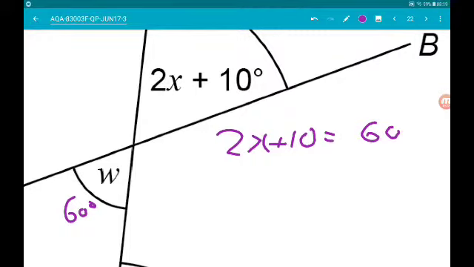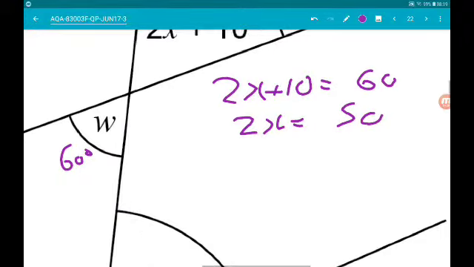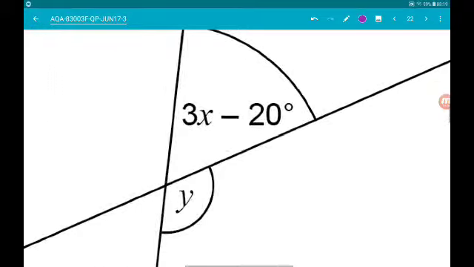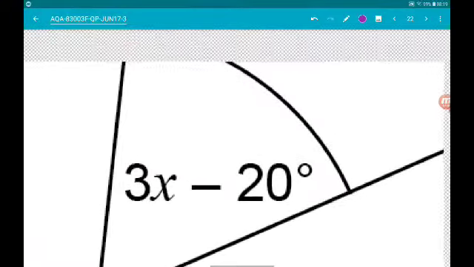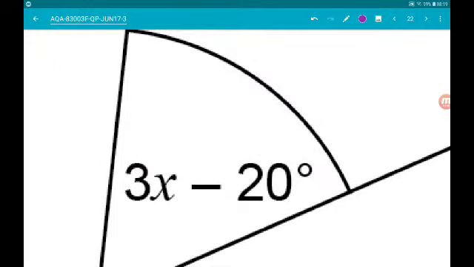Take away the 10, 2x is equal to 50. Divide by 2, x is 25 degrees. Now that we know what x is, we can work out this angle again. So 3 times 25 is 75, minus 20 gives us 55 degrees.